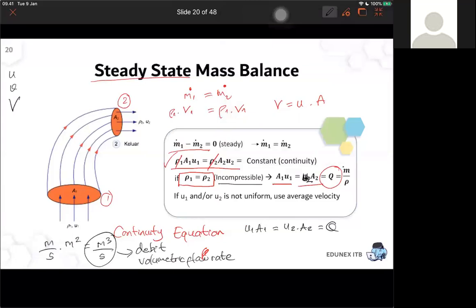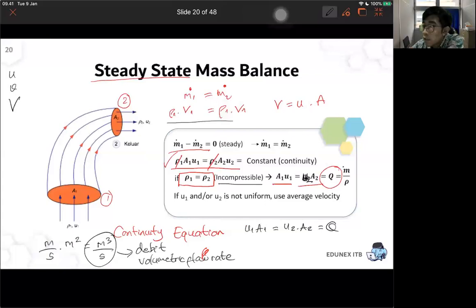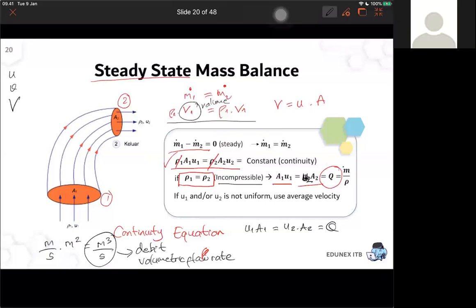What about the one where you said volume is equal to velocity times area, sir? Going back to rho1 times v1 equals rho2 times v2. This one. Yeah, the v is equal to u times A. That u is velocity, right, sir? Yes, this one is velocity.